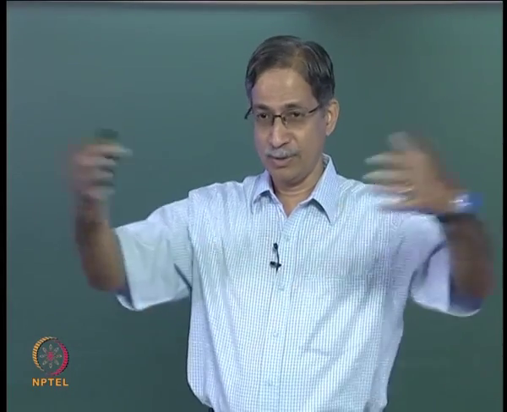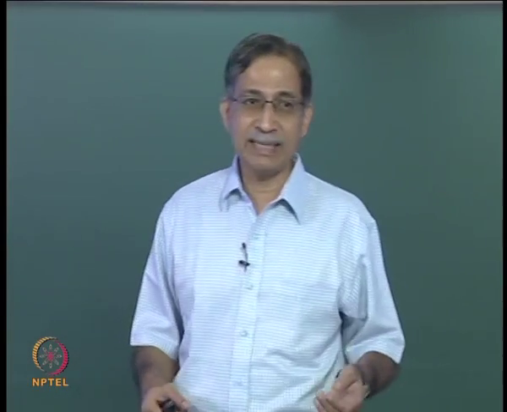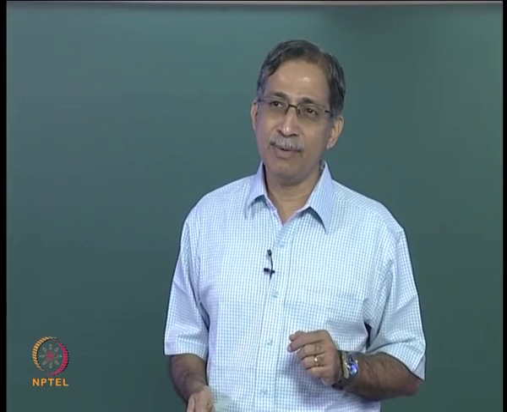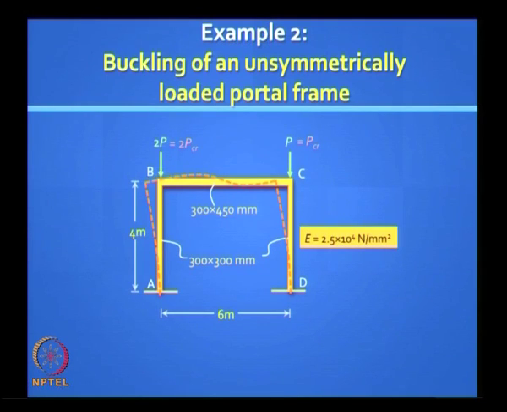So if you had loads all over the place, you multiply all by the same factor, keep building it up, and at some point what is going to happen? It is going to buckle. Okay, and most likely this is the shape it is going to take, right.